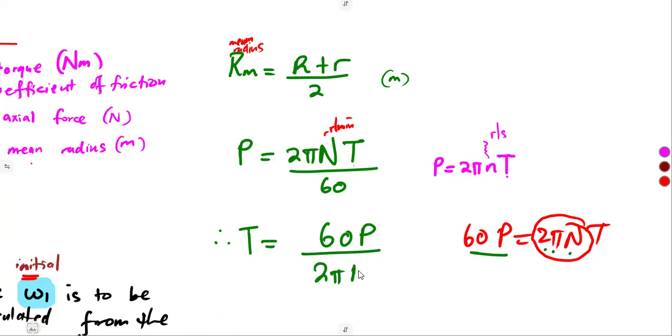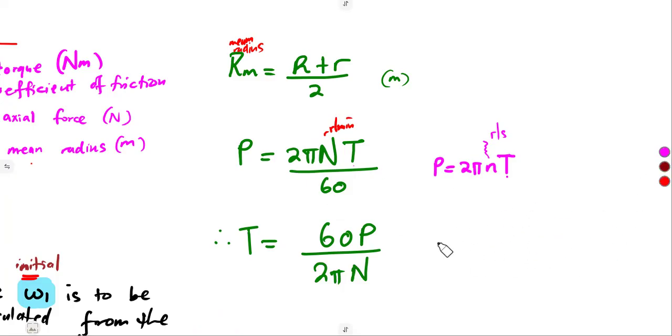So from power, we can calculate our torque, which is measured in Newton meters. So if it was from this formula, which is in revs per second, our torque was going to be power over 2 pi n, in revs per second, as it is. So that is it.